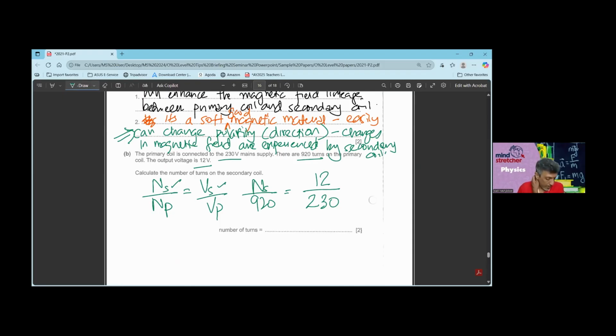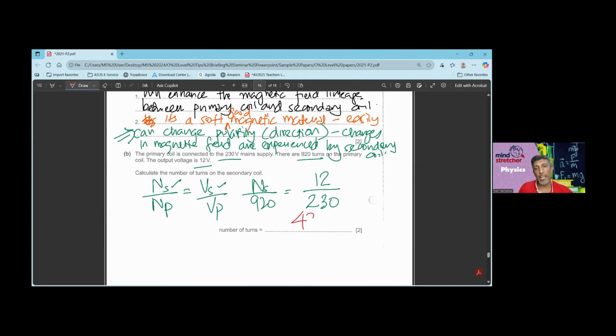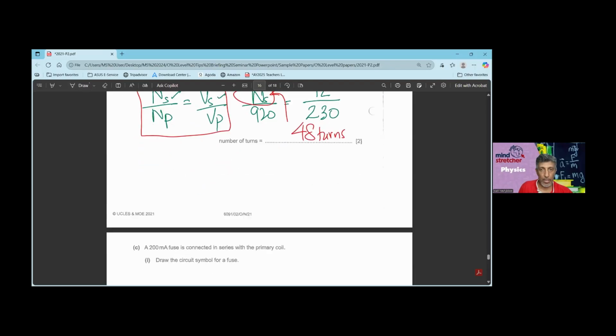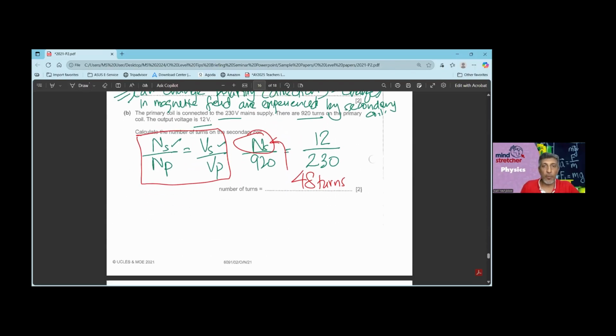And this is 12. You can play around with this. Yeah, very good, Lemol. If you work this out, guys, very good. Some of you have worked out very fast. 48 turns. The secondary is 48 turns. This is your turns ratio. So this is the formula.